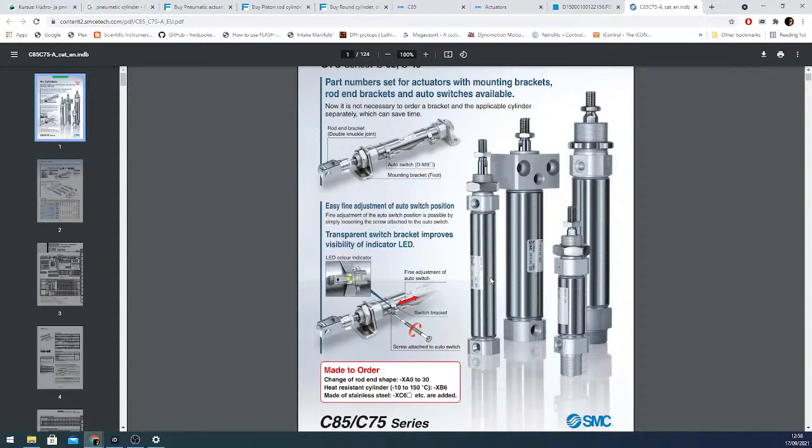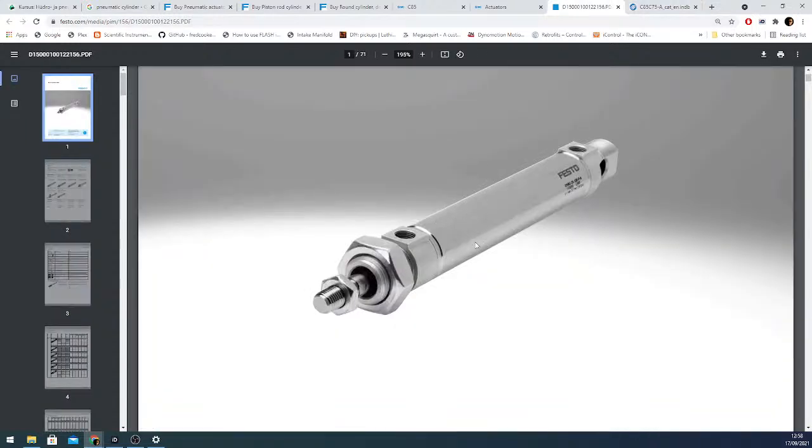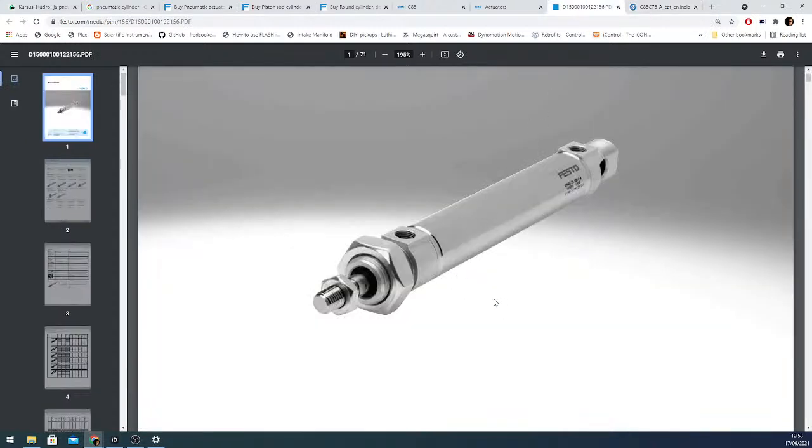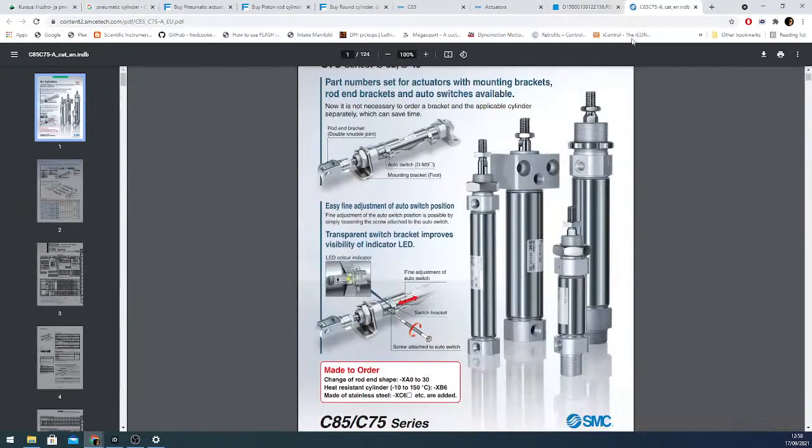So if we are choosing a cylinder, we are usually interested in the diameter, so how large the cylinder is in thickness. And the other thing we are looking for usually is the length of the cylinder, so the length of the stroke, how far the cylinder piston rod can travel. So the distance of travel and the diameter of the cylinder are usually the two main values that we are looking at.